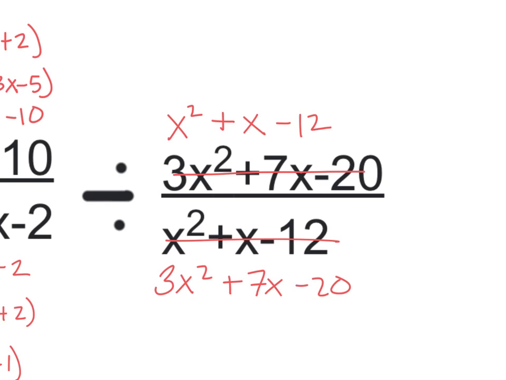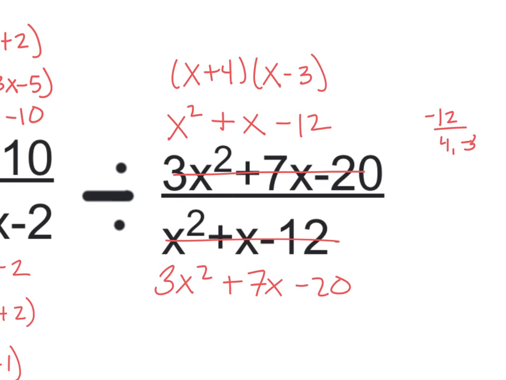So now we need to factor the top and bottom. The top, we have our magic number of negative 12. Well, and this a is 1, so this is our shortcut. So we get 4 and negative 3 to get me 1. So I get x plus 4, x minus 3.